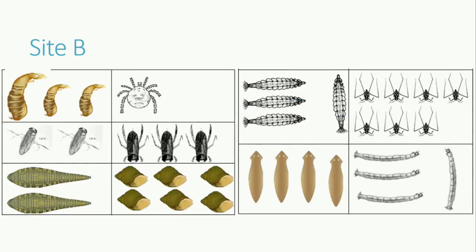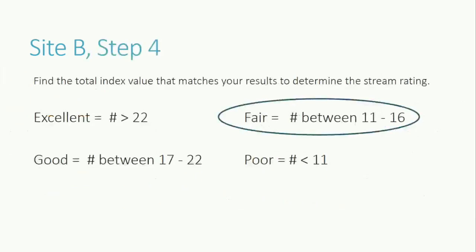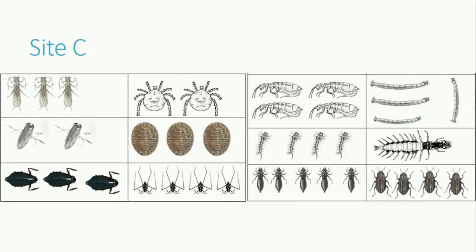Use the same steps we did for Site A to determine the stream rating for Site B. Pause the video now to complete your calculations. Site B had a biotic index score of 11, meaning it has a stream rating of fair. One more site to practice calculations.